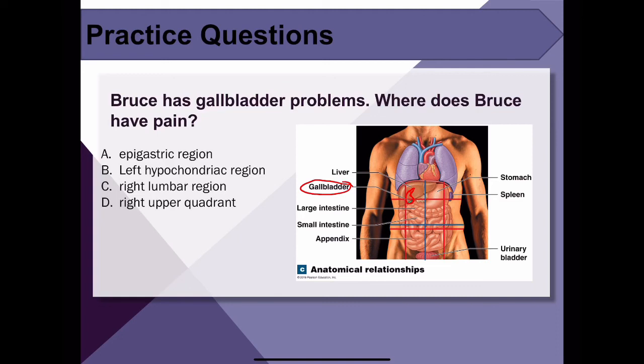Well, epigastric is right here, but there's parts of it in the middle. Left hypochondriac is right here. That's not where the gallbladder is. Right lumbar region, which is the middle, that's not where the gallbladder is. So the best description would be the right upper quadrant. This whole area is where that gallbladder is.